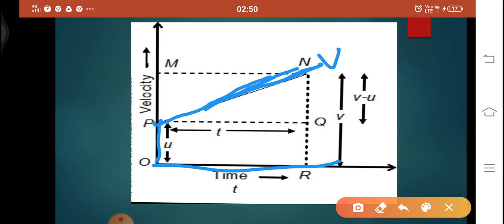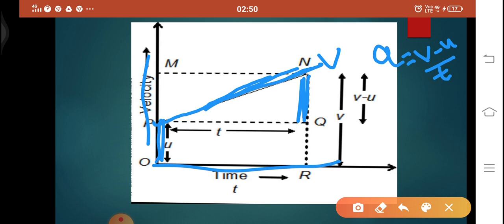So the velocity is changed in time t. So acceleration will be, because this is the change in velocity, this is total v, this is u. So what will this be? V minus u. Hence the acceleration will be v minus u upon t.